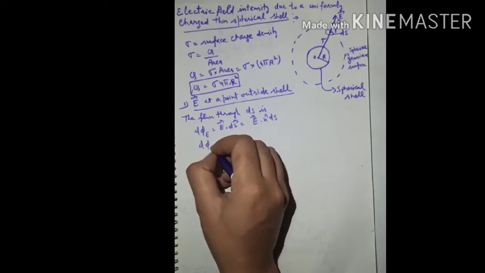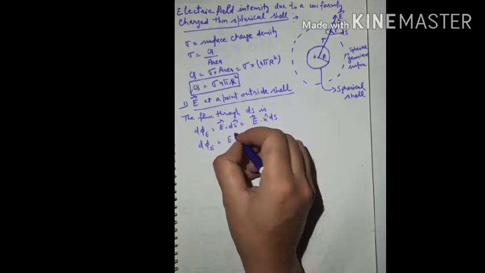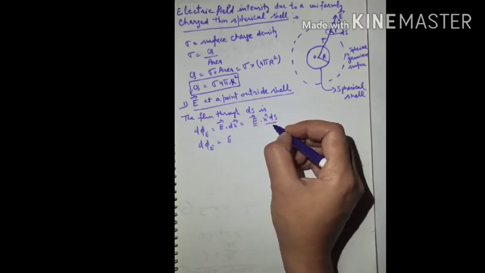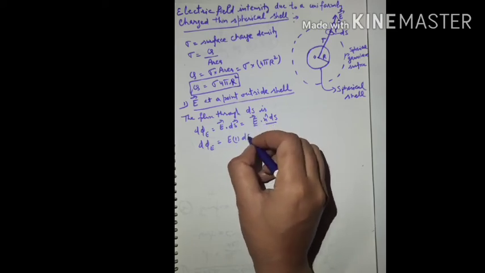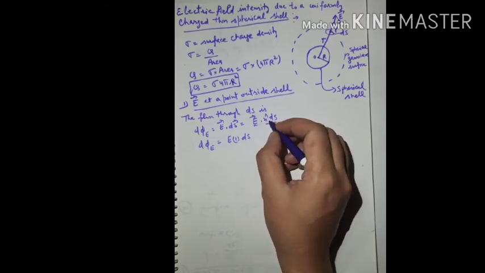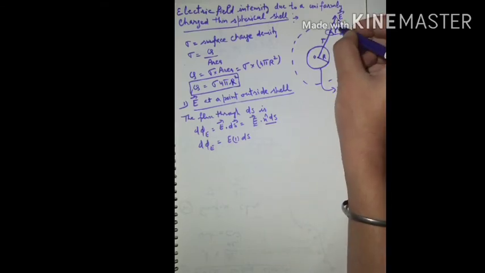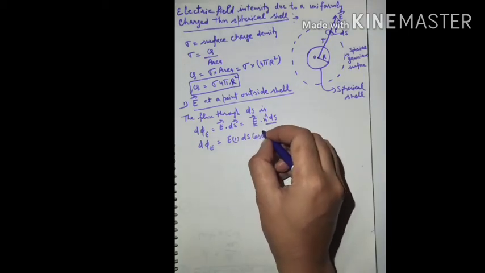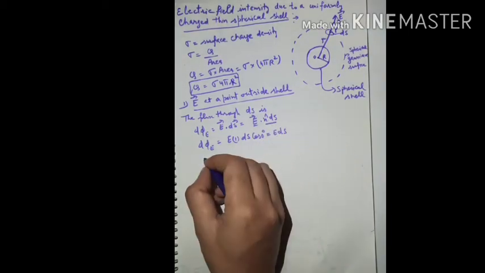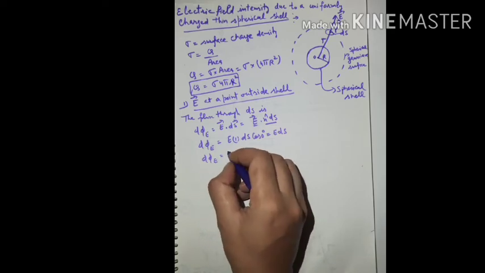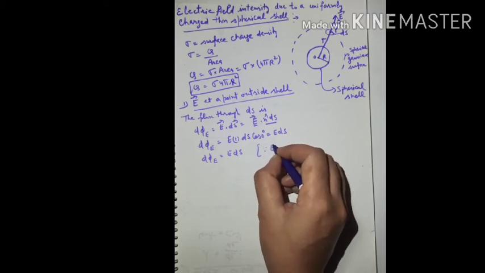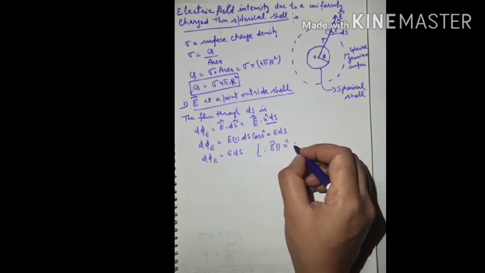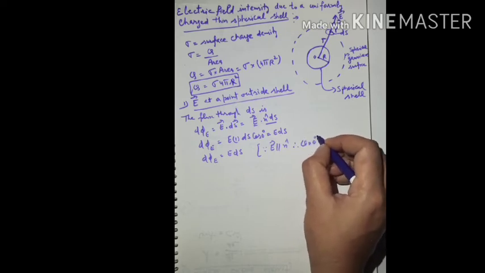So d phi E is equal to the magnitude of E times the magnitude of n cap ds times cos theta. Because E vector and n cap are in the same direction, the angle between them is 0, so cos 0 degree is 1. This is equal to E ds. So d phi E is equal to E ds, because E vector is parallel to n cap vector, so theta is equal to 0 degree.